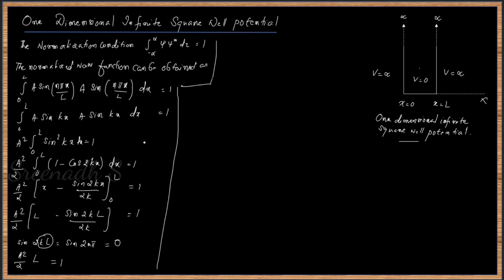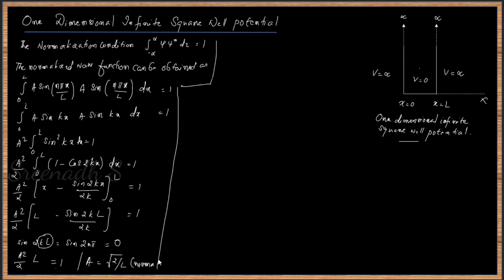Here a square is equal to 2 by L, so a is equal to square root of 2 by L. This is called the normalization constant.